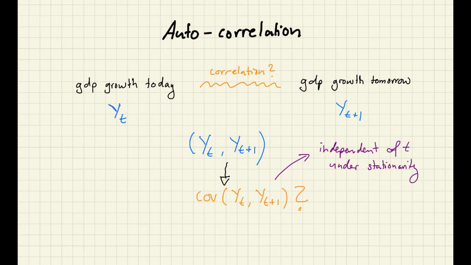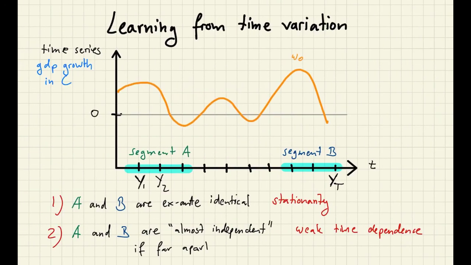In our realized time series, we observe many segments of size 2, this one, lots of segments of size 2. And for each segment of size 2, we observe GDP growth today and GDP growth tomorrow. And here's another one.